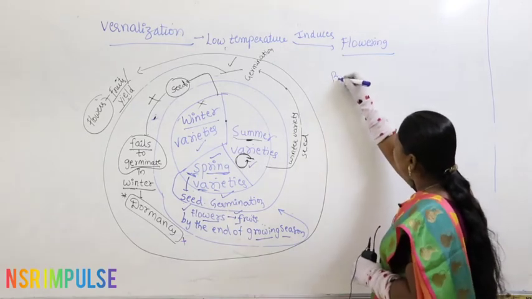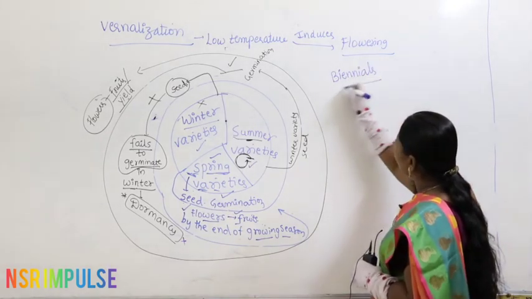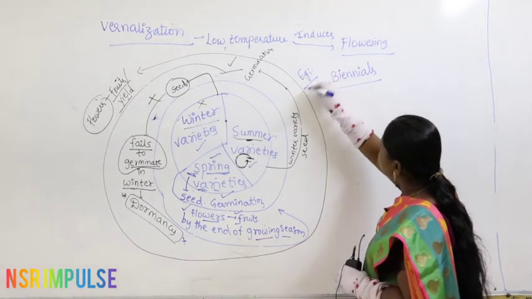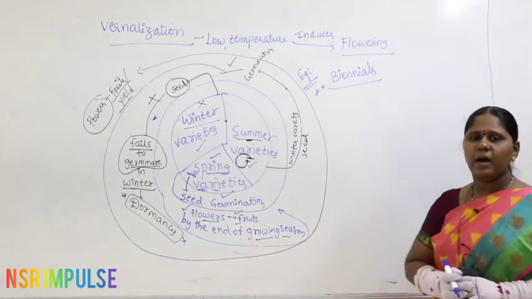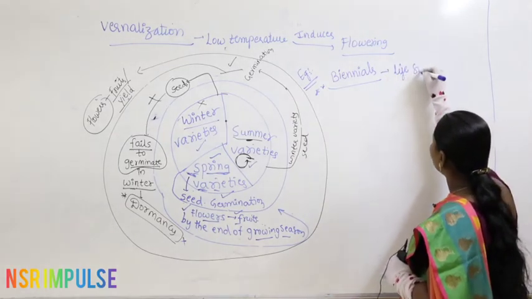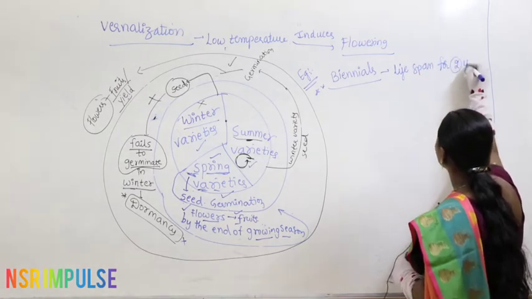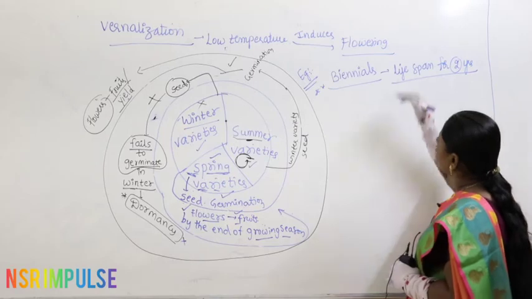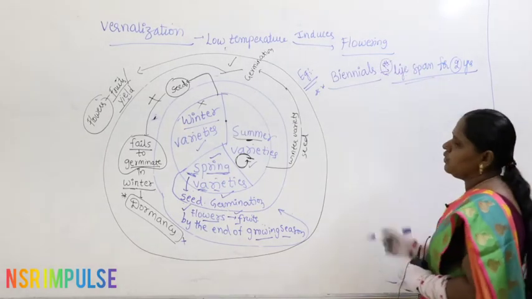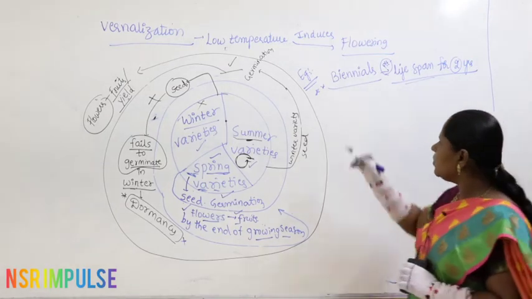Let us take biennials. What are biennials? Let us take some examples of vernalization. The biennials have a lifespan of 2 years. They survive for 2 years. What will they do in 2 years?